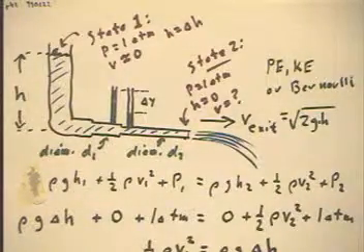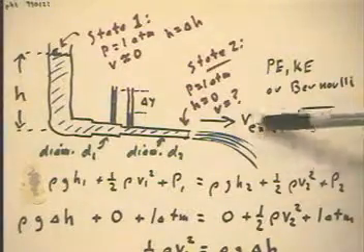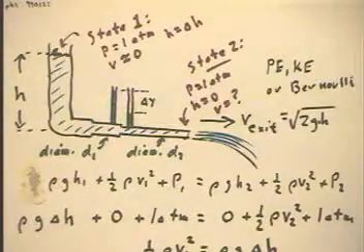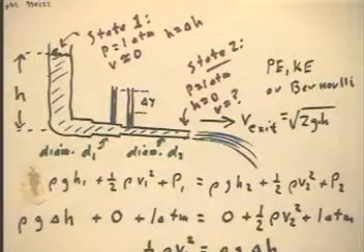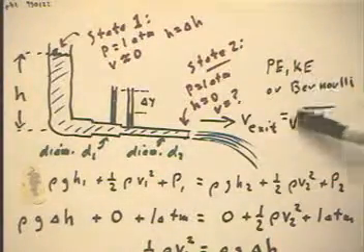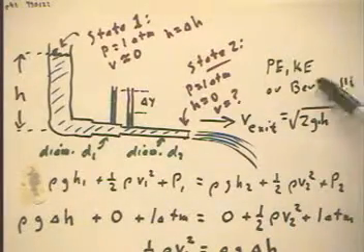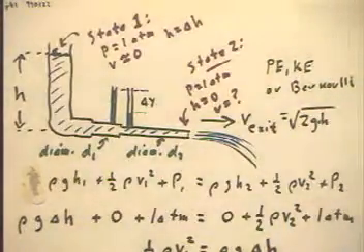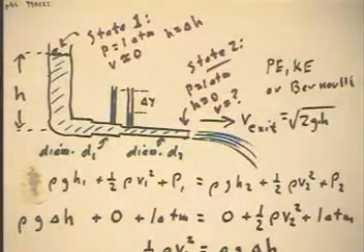Now we know that when we actually perform the experiment, the exit velocity will be somewhat less than this due to turbulence and frictional losses of energy. Bernoulli's equation is going to overestimate reality a little bit, because remember, Bernoulli's equation is an ideal equation where there's no dissipation of energy and so forth.